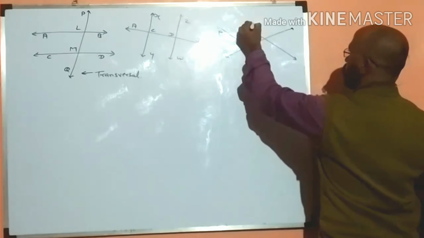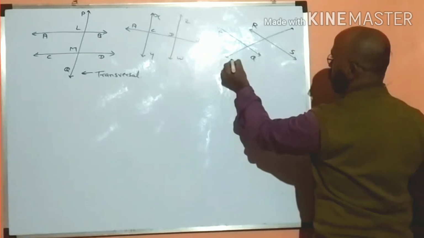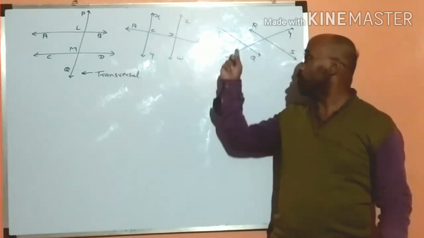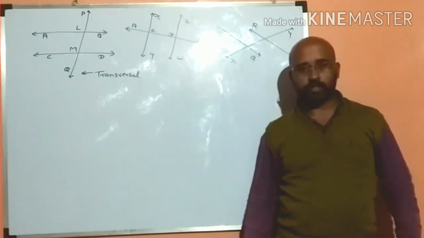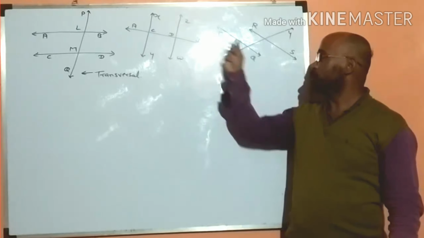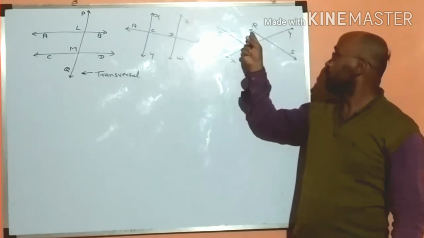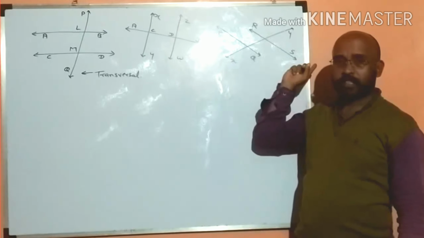PQ is one line, RS is one line, and XY is the third line. Which line is the transversal among all these three lines? PQ, is it a transversal? How many lines is PQ intersecting? PQ is intersecting only one line at this point. RS, is it a transversal? How many lines is it intersecting?